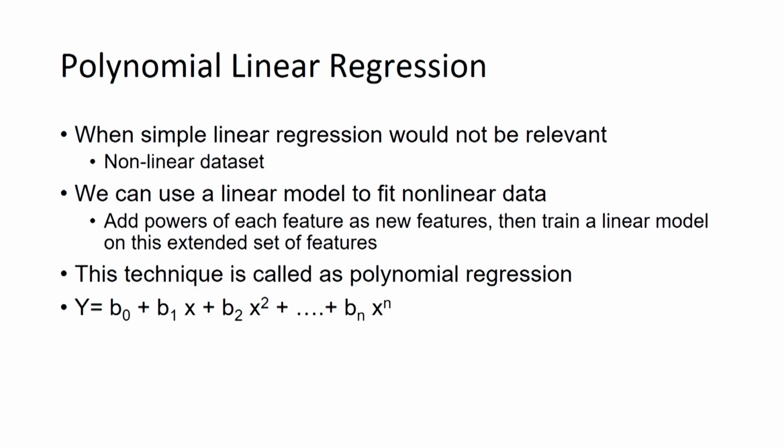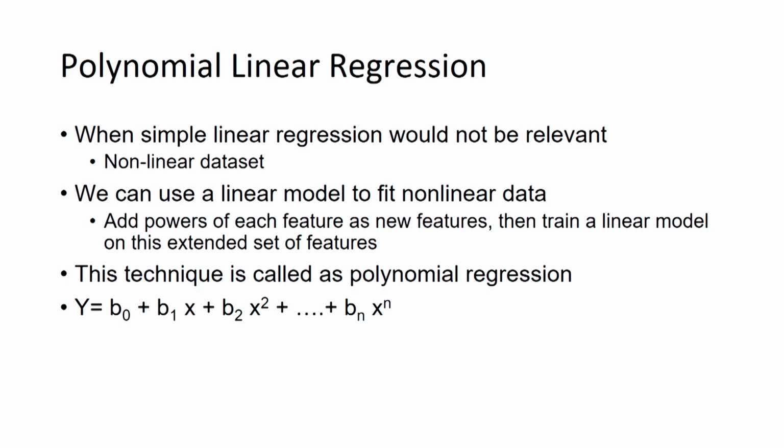For example, you see here y is equal to b0 plus b1 x plus b2 x square plus b3 x cube and so on. In this case, suppose there is only one feature, only one independent variable x, but the relationship between y and x is non-linear. So, we cannot take the model as y is equal to b0 plus b1 x.